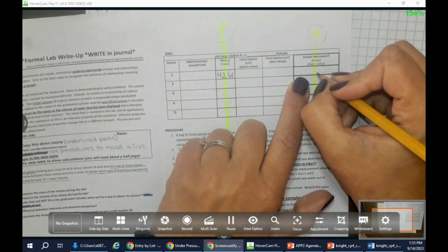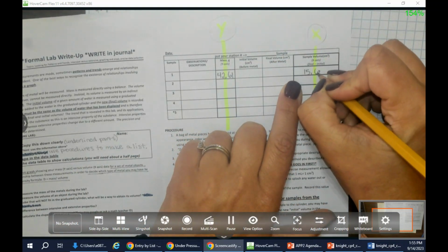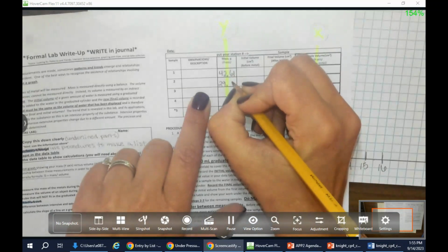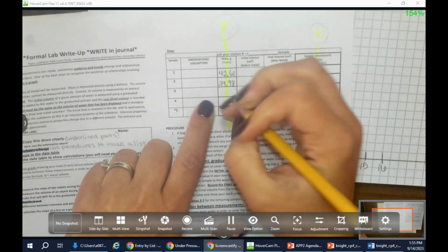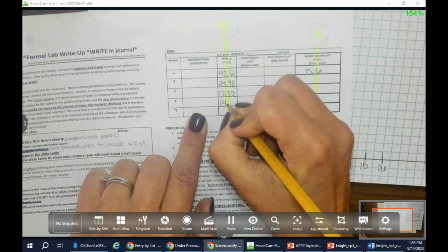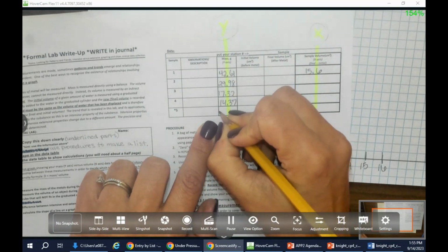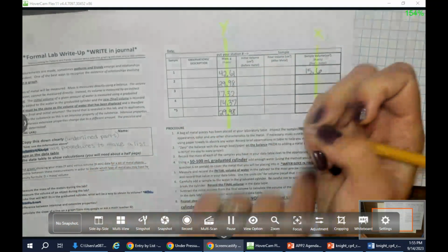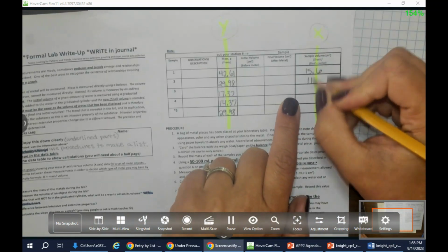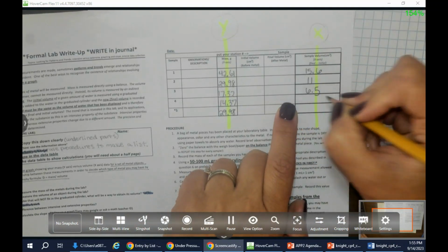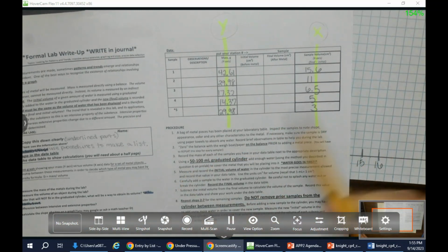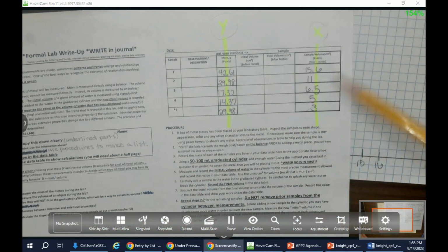My volume was 15.6. .98. So 15.6, 11, 6.5, 5, and 3.